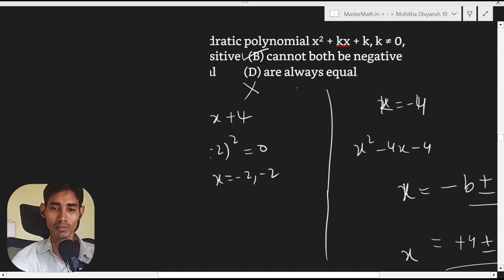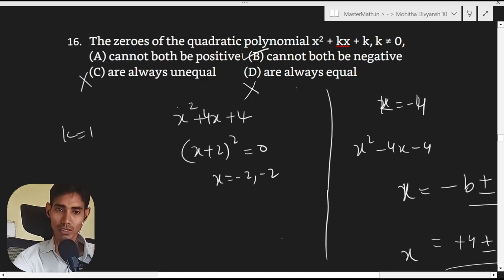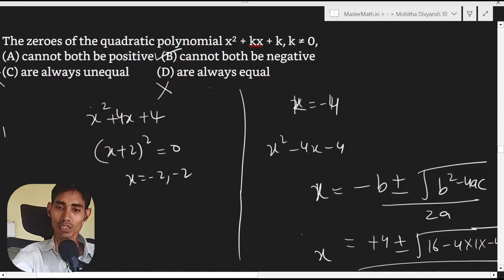Okay, just a moment. So we tried two examples, I mean two values, one for positive and negative. So with positive, it is pretty straightforward. We eliminated two options, B and C. But from this negative value of k, we got two non-equal roots.